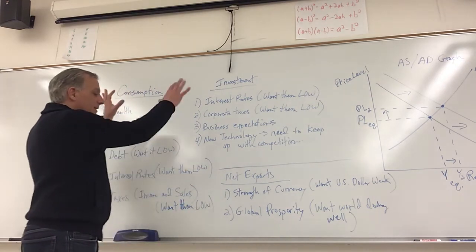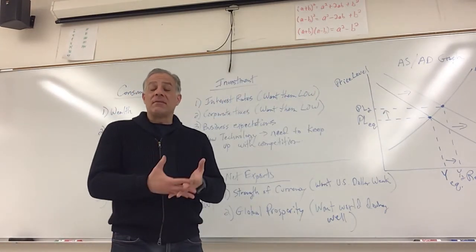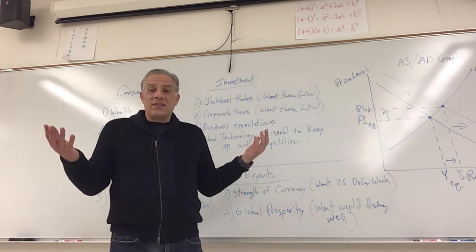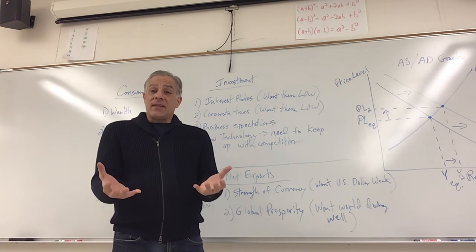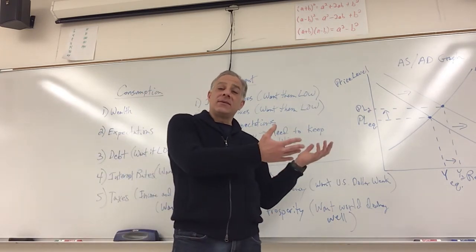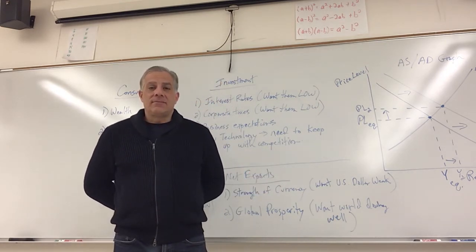So if any of these increase, aggregate demand is going to increase. I left out government spending because you should now know government spending is just the decision by the government. So expansionary fiscal policy is going to lead to an increase in aggregate demand. That's going to increase government spending.